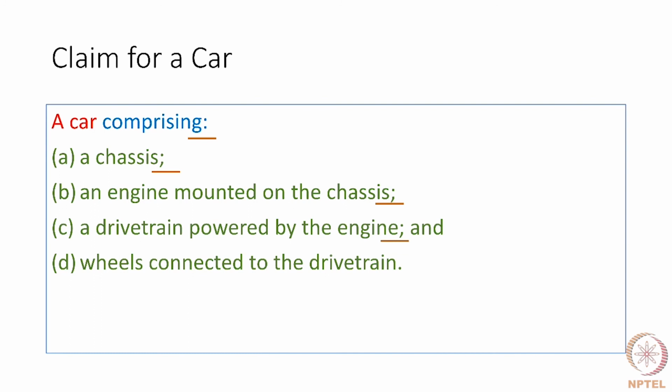So each element ends with a semicolon, and you have a full stop which completes the sentence. Now notice this. After the drivetrain powered by the engine, there is an and. After the and you make a break, and that will denote a separate element.